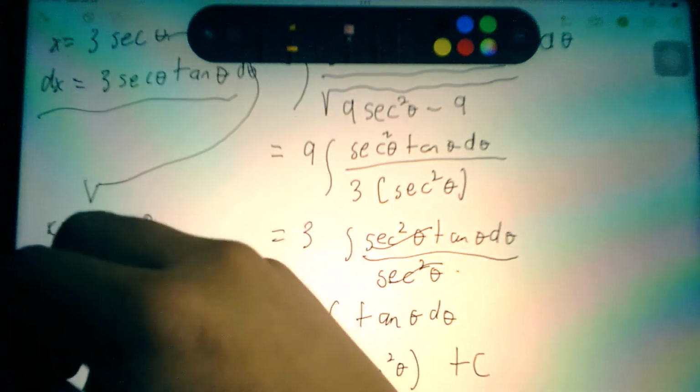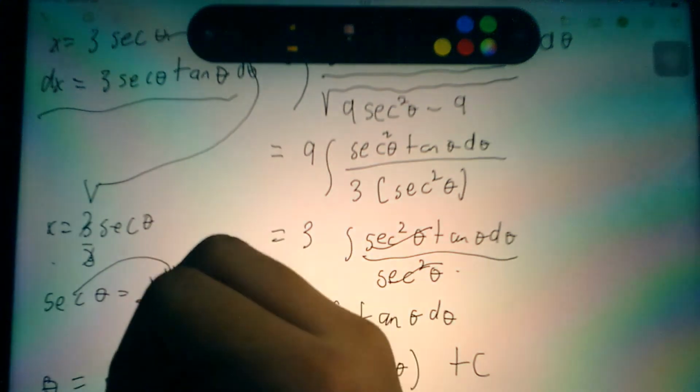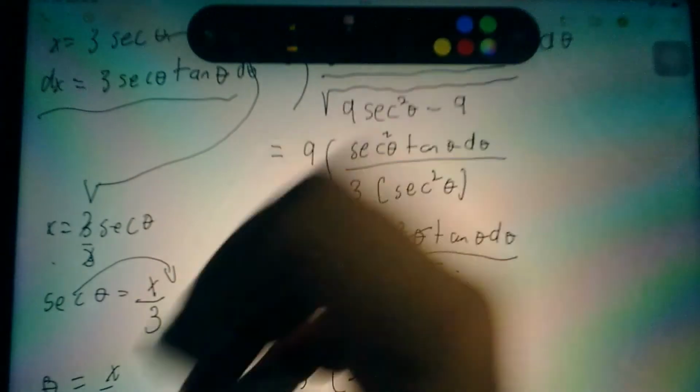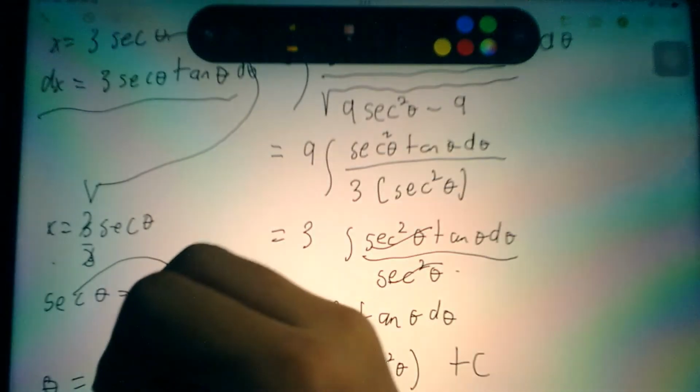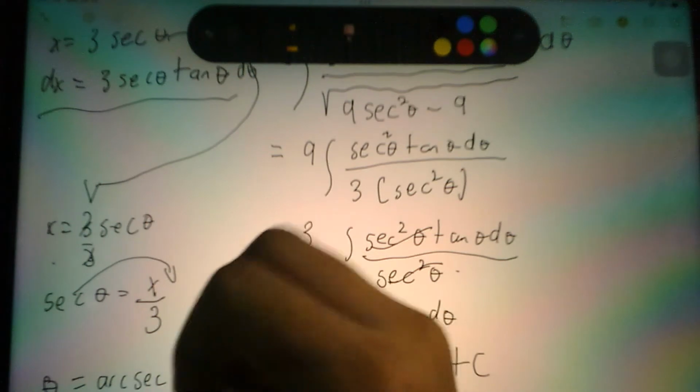Now we transfer secant outside, that will become theta equals arc secant of x over 3.